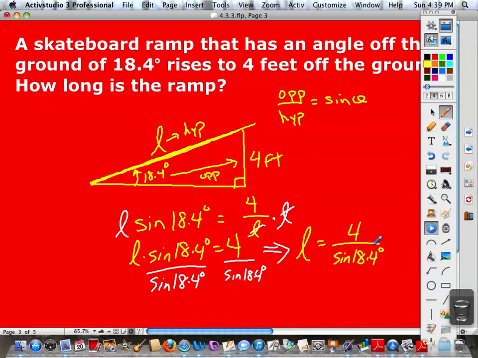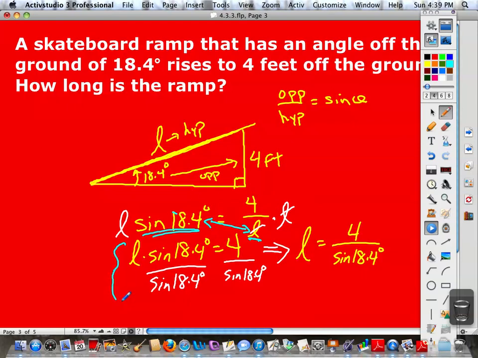And if we go back and take a look at where we started, here's my sine of 18.4, here's L, we can see that all that has taken place is that those two things switched places. We interchanged the L and the sine of 18.4. And that's always going to happen when our variable is in the denominator of that ratio. Okay, so if we just remember that, then we can cut out these extra little steps.